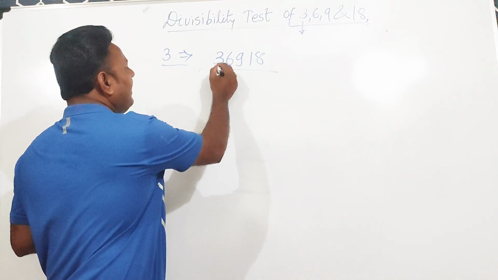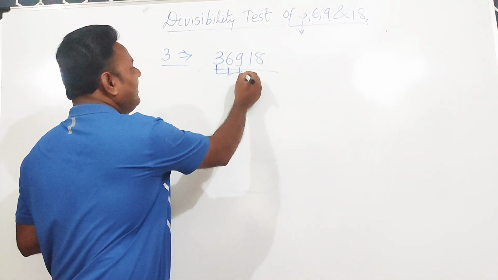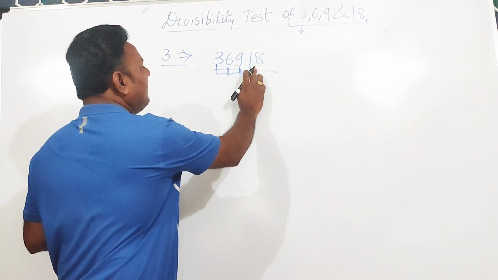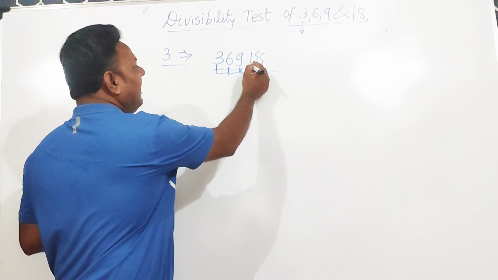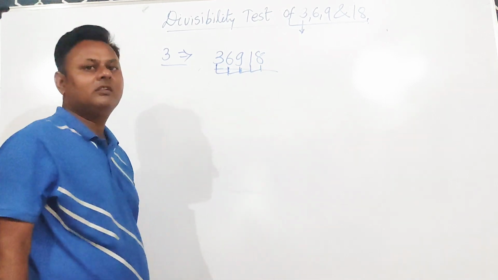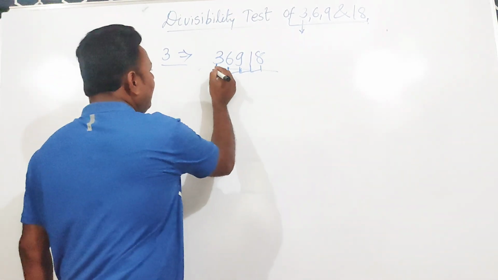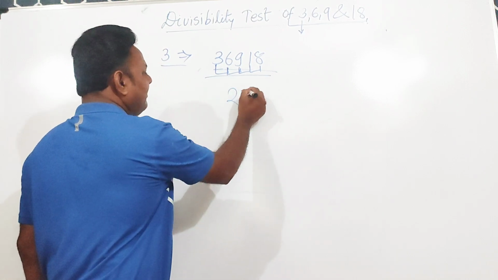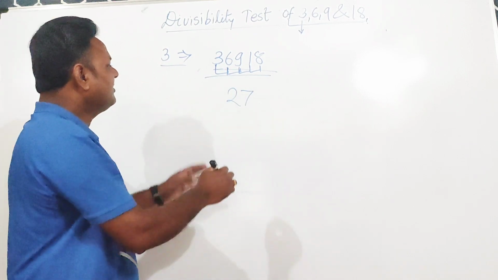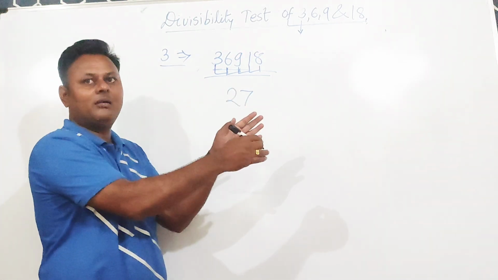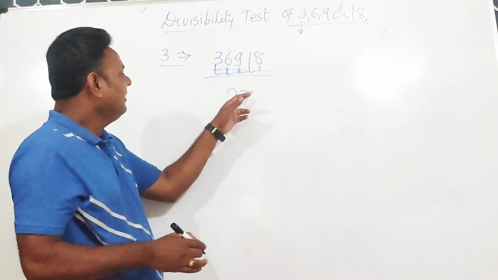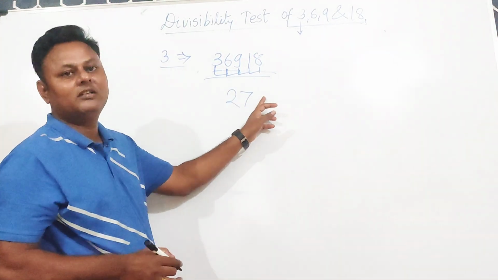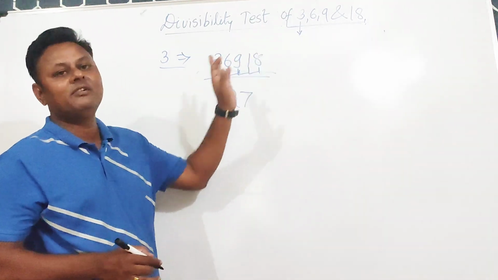So 3 plus 6, 9, 9 plus 9, 18, 18 plus 1, 19, and plus 8, that is 27. So the sum of all the digits given in the number is 27, and whatever sum you have calculated, if that sum is divisible by 3, it means the whole number is divisible by 3.